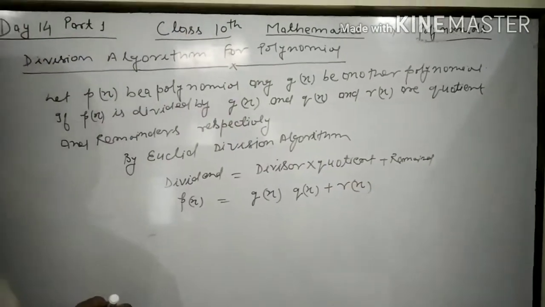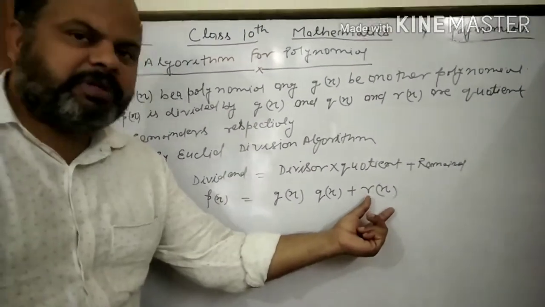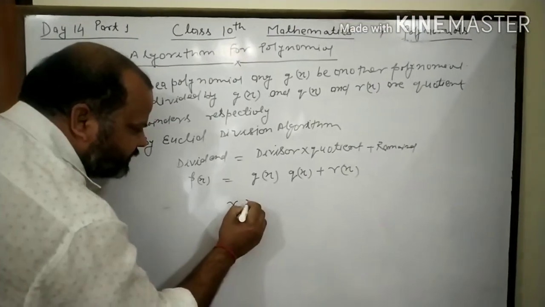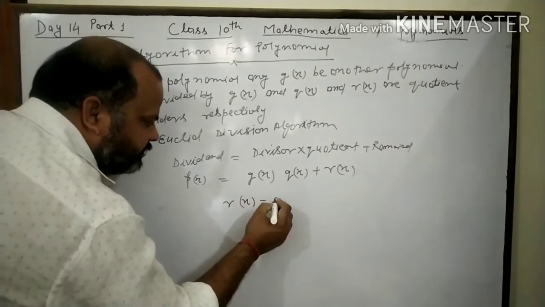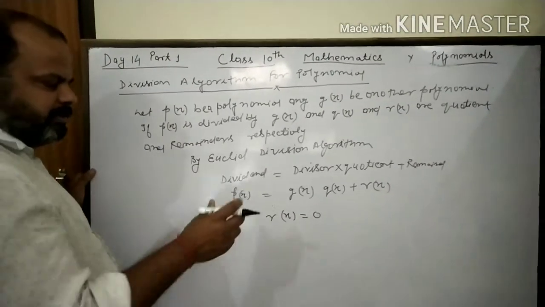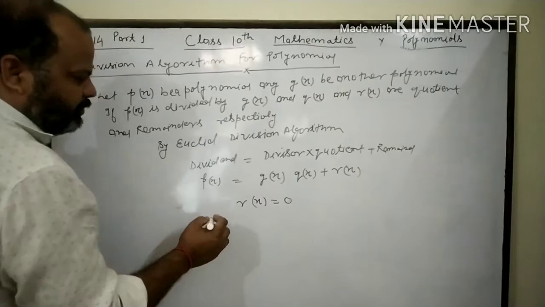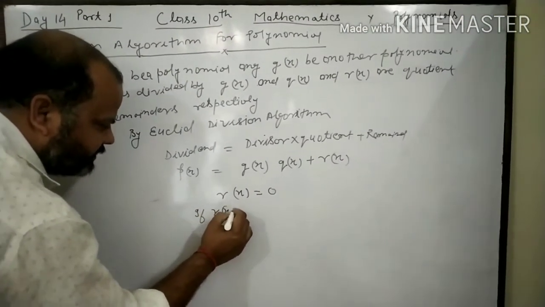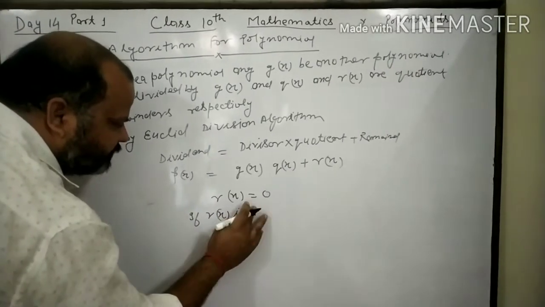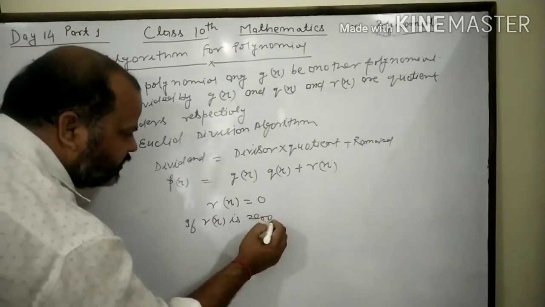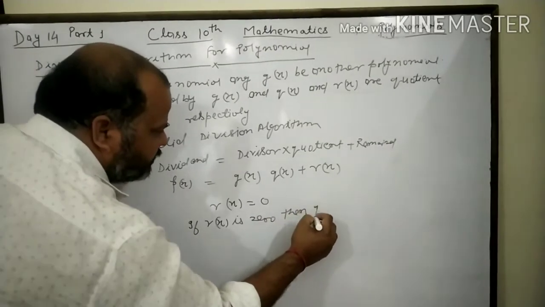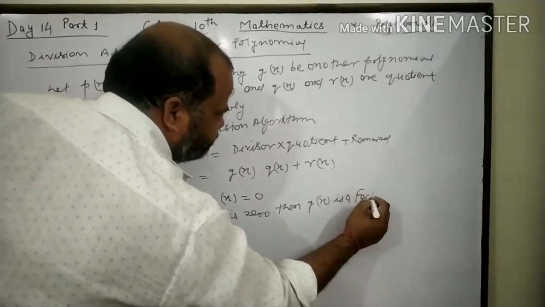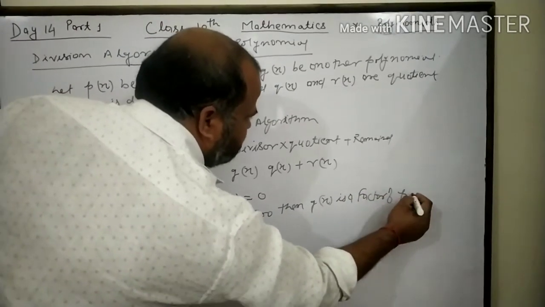Now here we discuss about the Rx. If Rx is 0, then Gx is a factor of Px.